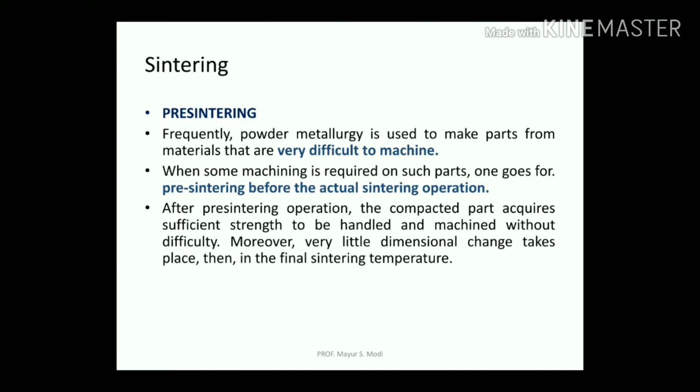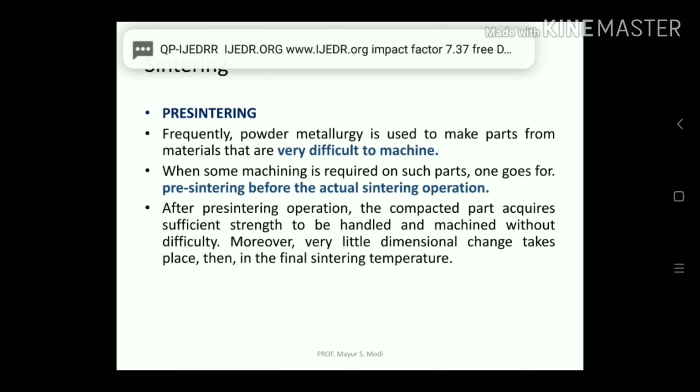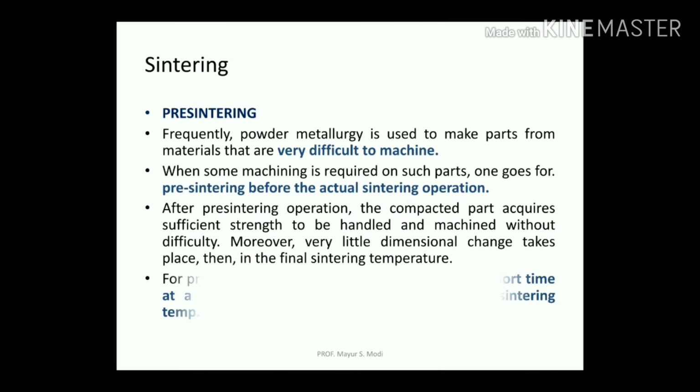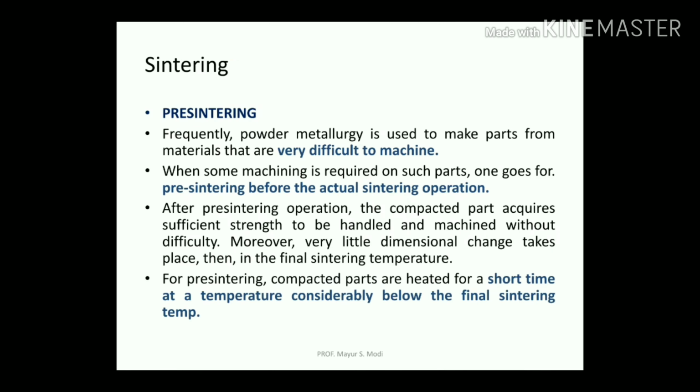After pre-sintering operations, compacted parts acquire sufficient strength to be handled and machined without difficulty. Moreover, very little dimensional change takes place compared to the final sintering temperature. For pre-sintering, compacted parts are heated for a short time at a temperature considerably below the final sintering temperature.